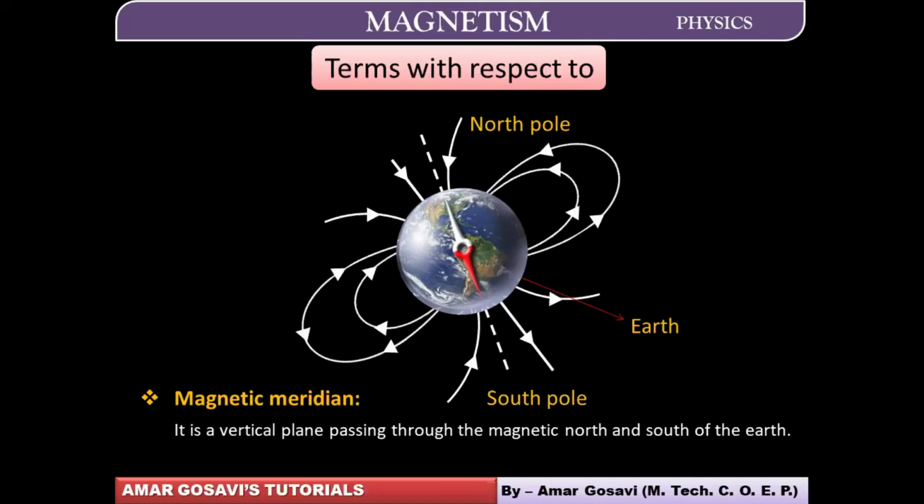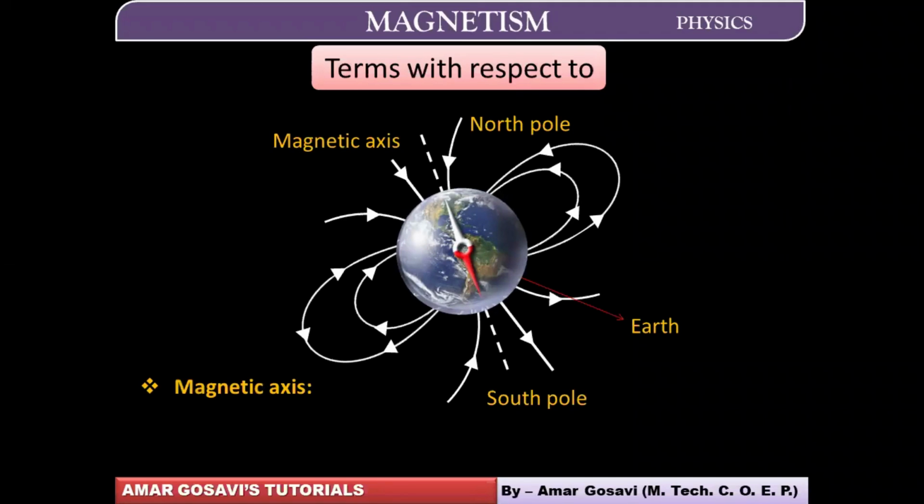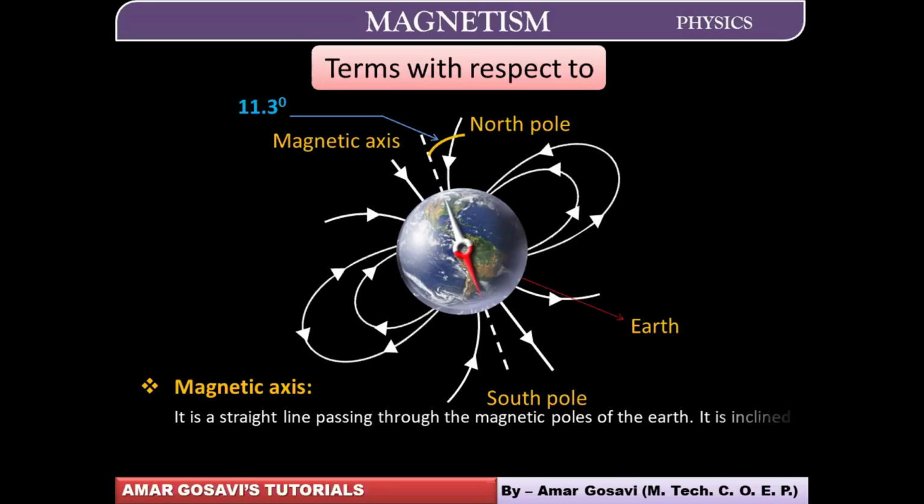Similarly, the magnetic axis, which is contained in the magnetic meridian, is a straight line which joins the magnetic poles of Earth. Approximately, it is inclined to Earth's geographic axis by approximately 11.5 degrees, I said, not 11.3.